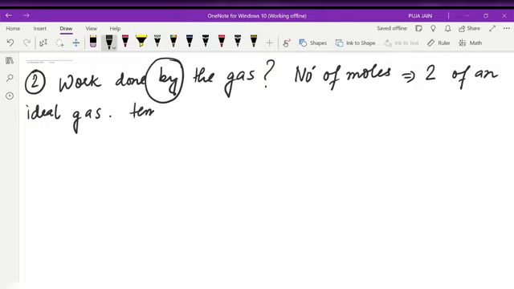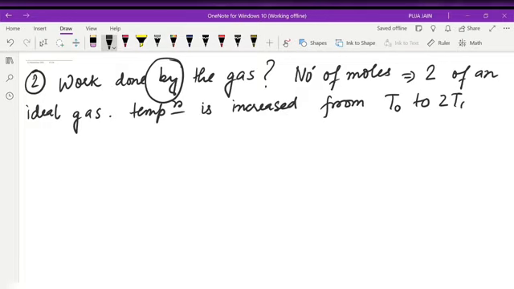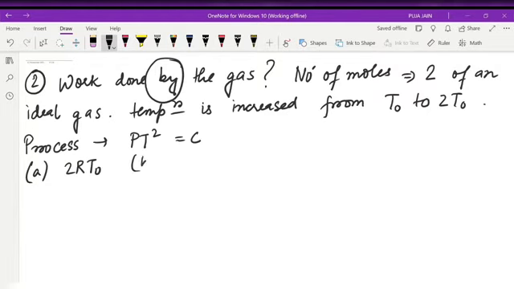The temperature is increased from T0 to 2T0, and the process is following the relation PT square equals C. Fine. This is our question. Options I am giving you. You can pause the video, try yourself, then see the solution. Because exams are coming, you need to be confident. If you do more and more problems, you will be more and more confident.